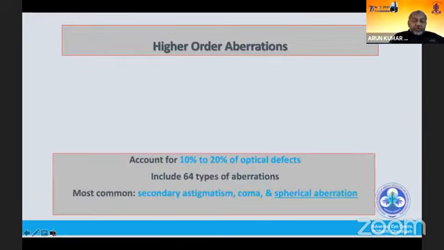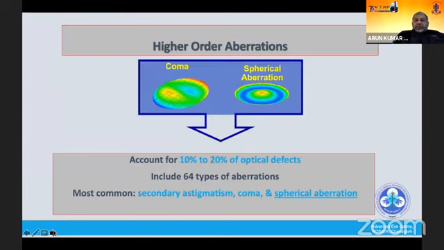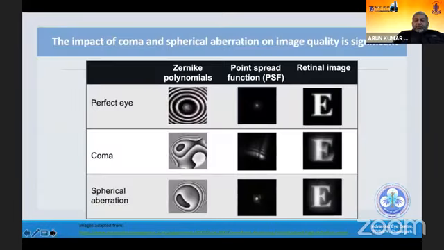And the remaining 10 to 20% of optical defects are because of higher order aberrations. Out of these higher order aberrations, coma and spherical aberration account for most of them, and the impact of coma as well as spherical aberration on image quality is quite significant.